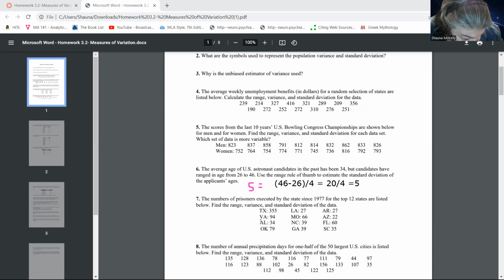So you can put those data in your calculator, just like number 4. Do it with the formula as I've shown you. So basically 7 and 8 follow number 4. It's the same. Calculate the range, the variance, the standard deviation.